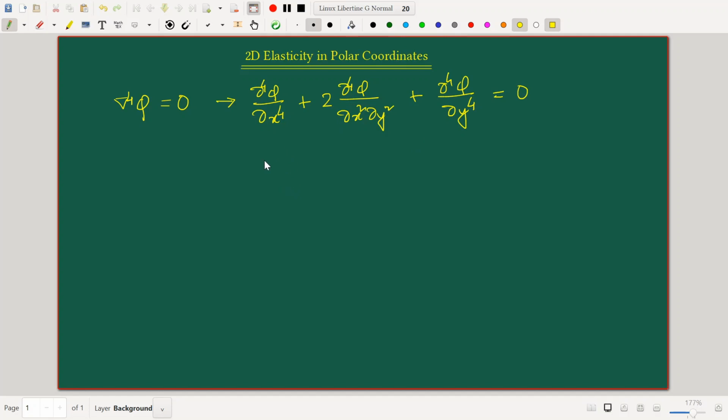Now, when we wish to go over to the solution of such problems where the rectangular Cartesian coordinate system is not very convenient, rather it is the polar coordinate system, that is the r theta coordinate system, which is a more natural choice for the solution of the problem, then what do we do? Well, to answer that question, we could proceed by two routes.